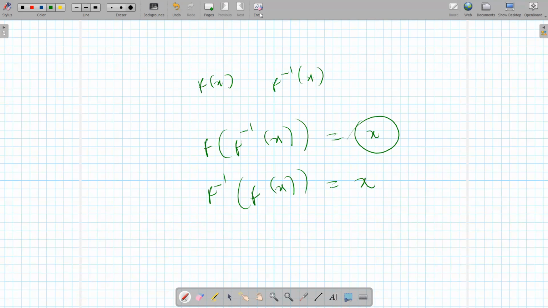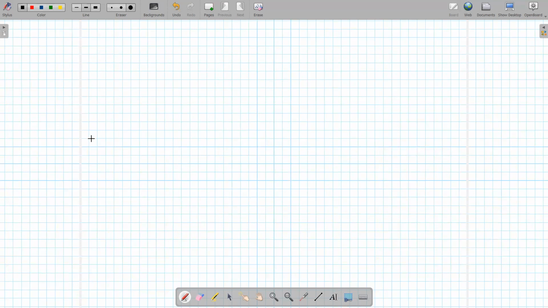Here, let's do a little bit more difficult inverse question. Let's start off with a linear one. Well, it's not that difficult, but we're trying to find the inverse of this linear function. What are the steps? Remember we did this before?